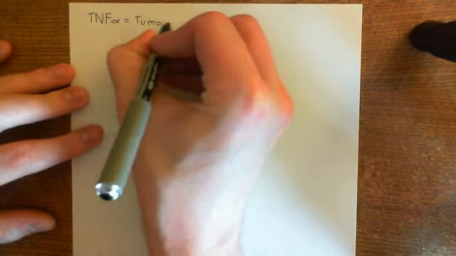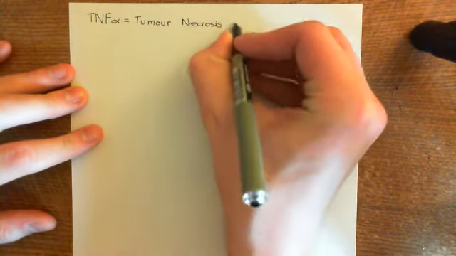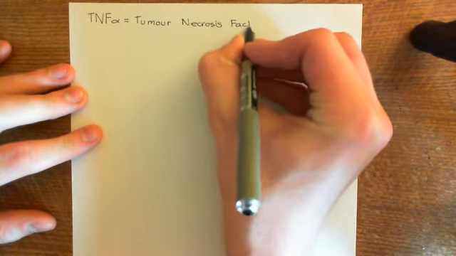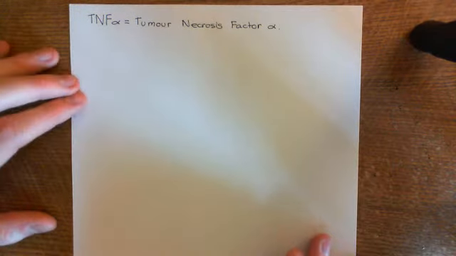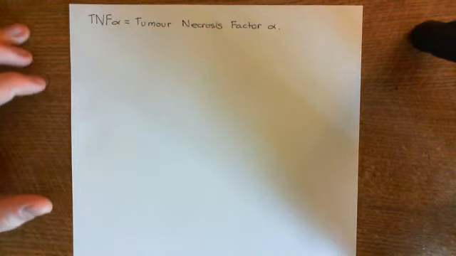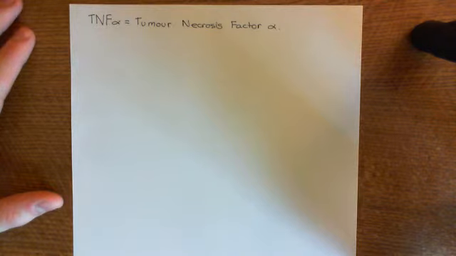TNF-alpha stands for tumor necrosis factor alpha, and you'll often hear people refer to it simply as tumor necrosis factor, because even though there are other forms of tumor necrosis factor, it's easily the most important of them. So if you hear people refer to tumor necrosis factor without clarification of which one they mean, you can assume that they mean this one, the most important tumor necrosis factor.